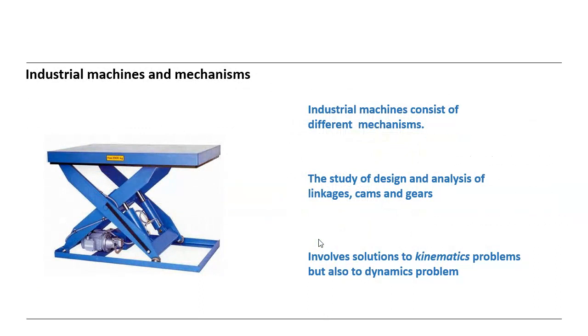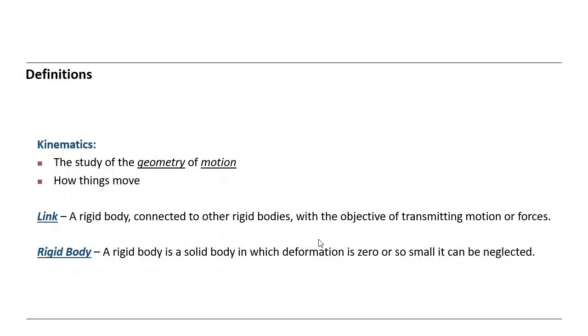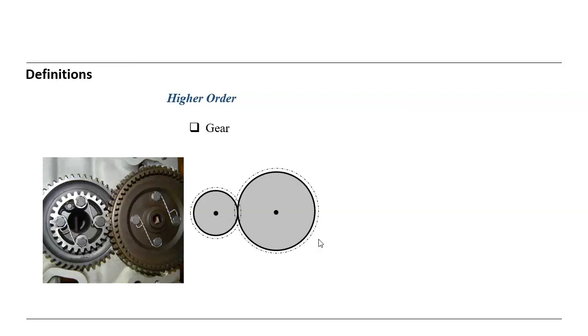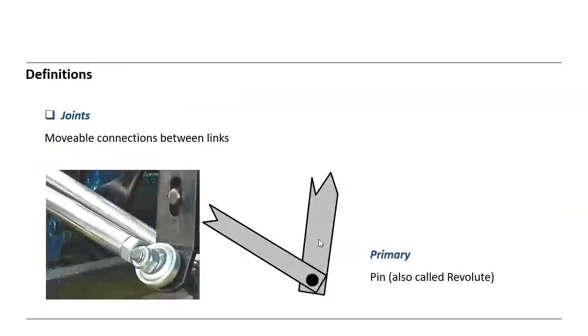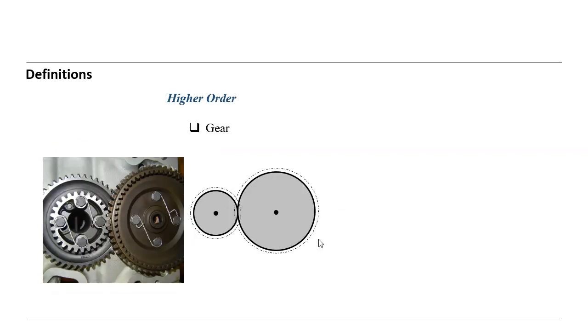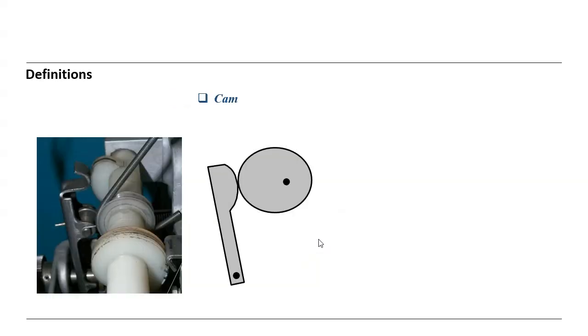Then we started to talk about certain definitions like kinematic link, rigid body, and joints, pin joints or revolute joints, slider or prismatic joints, and then higher order joints like gear, for example, and cam. The cam mechanism we will talk about later.